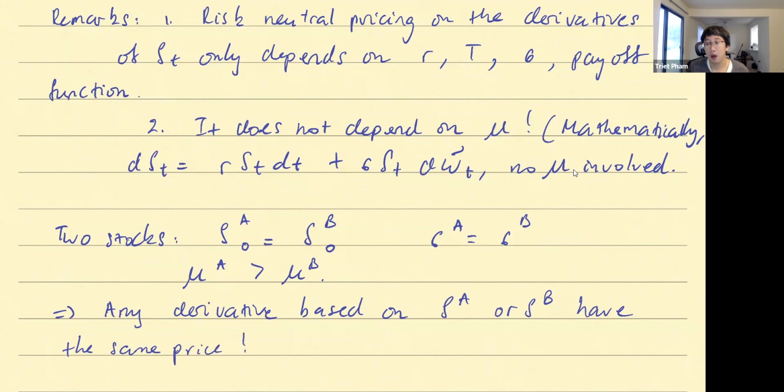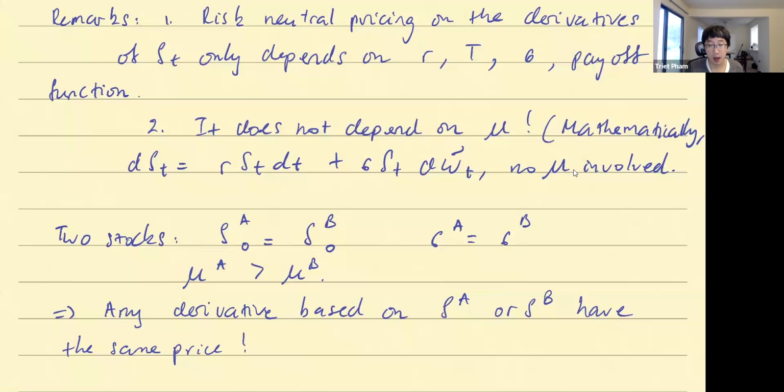Okay, and this is irrelevant of what the derivative is, and it's also kind of surprising or at least counterintuitive if you think about how the rate of return of the first one is higher than second one.